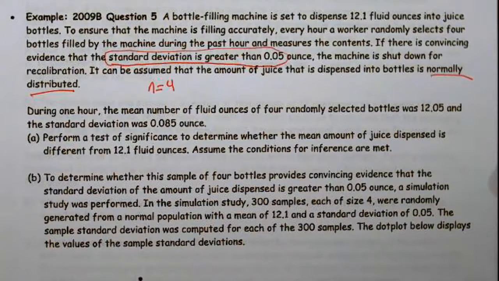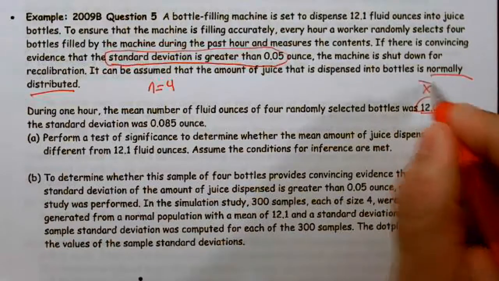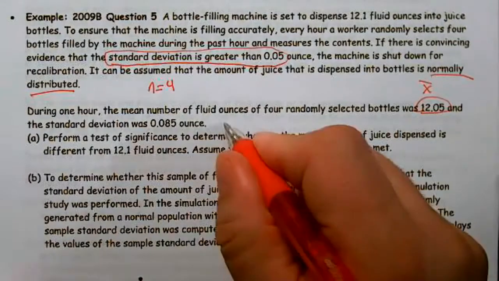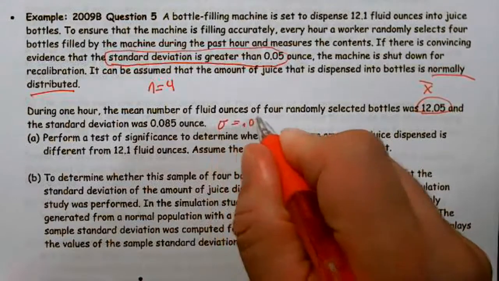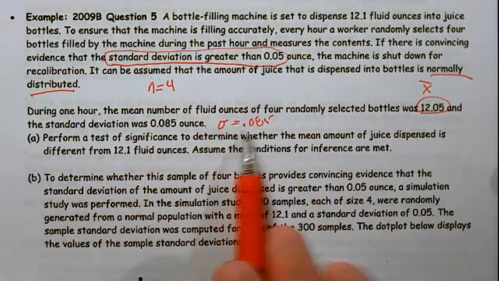So I needed to know that the underlying population was in fact normal. During 1 hour, the mean number of fluid ounces of the 4 bottles selected was 12.05. Okay, so this is my x bar. And the standard deviation was 0.085. That's interesting, because I think they told me they wanted it to be 0.05 up here, but it's not.